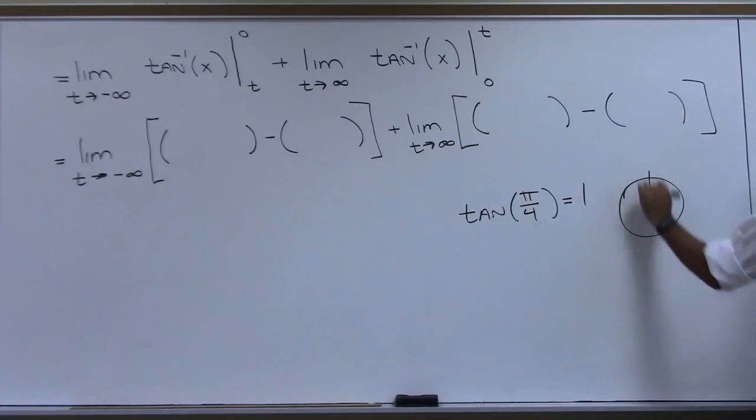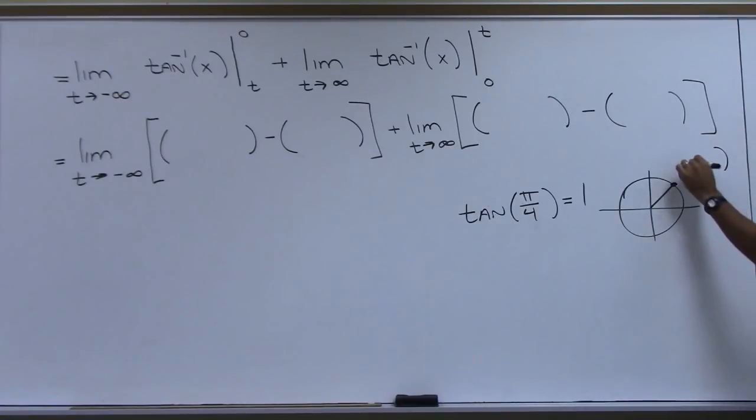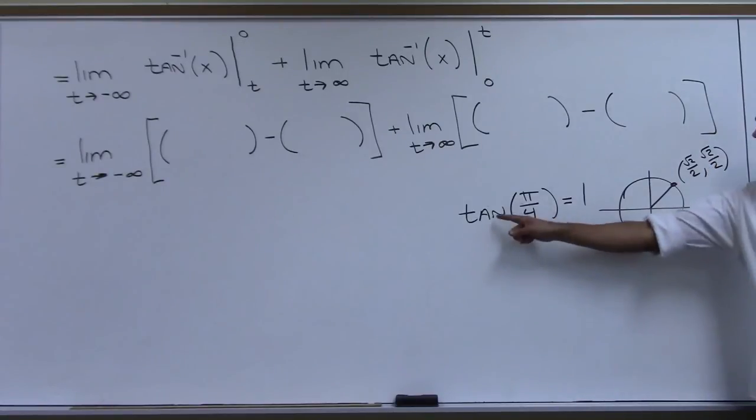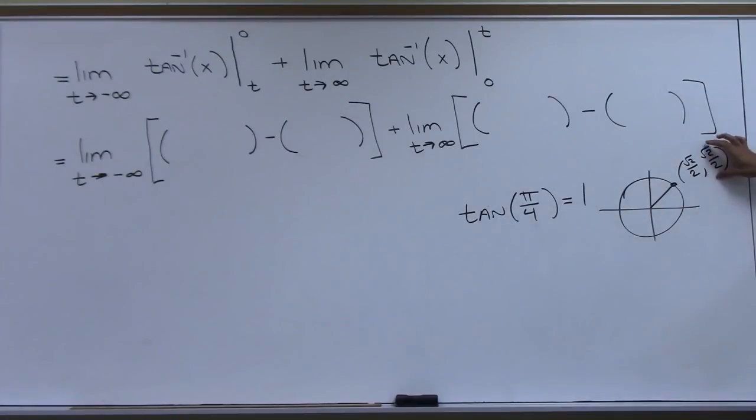Because on the unit circle, if you go to pi over 4, you're right here, aren't you? And the point there is root 2 over 2, root 2 over 2, yeah? And so tangent of an angle is the y-coordinate divided by the x-coordinate. If I take this y-coordinate and divide it by the x-coordinate, I get 1, right? So that's what tangent of pi over 4 is.